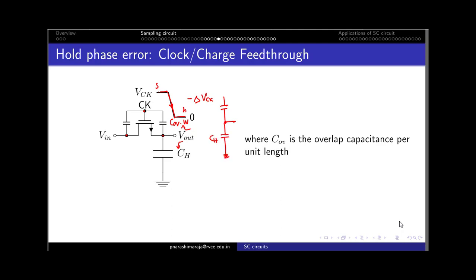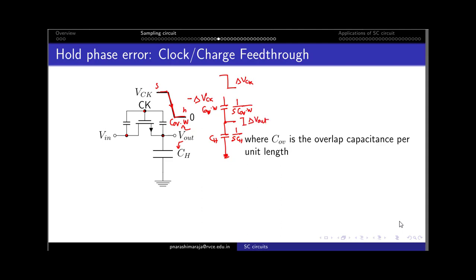CH would define an impedance of 1/(sCH), and the total overlap capacitance would have its own impedance defined by the total overlap capacitance. Now when there is a change of magnitude delta VCK, it induces a change in the output voltage, which we denote as delta Vout.